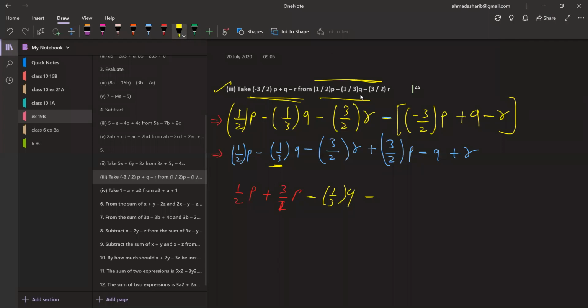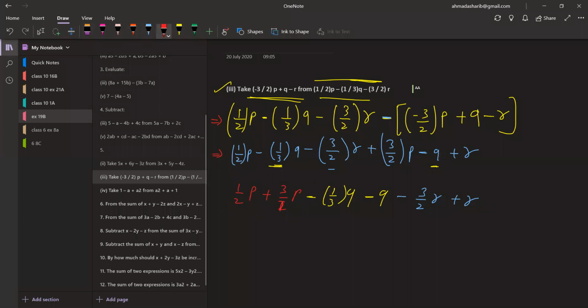Then the r terms, minus 3 upon 2 r plus r. Clear? Now what we will do, we will take LCM in this. First we will solve this portion.